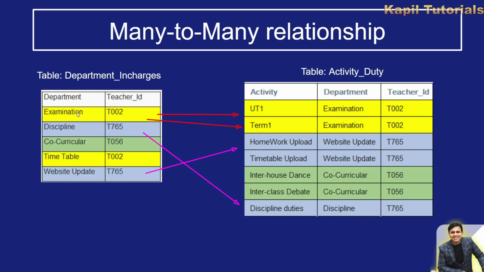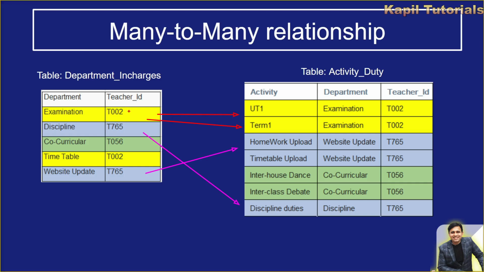Department and teacher ID should be set as a primary key, but here it is repeating, like T002 here and T002 here. And T765 is repeating here also. So that means it's repeated here and here also. So that means many-to-many relationship.